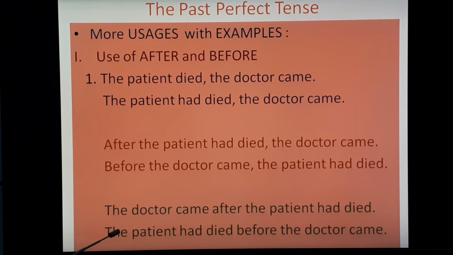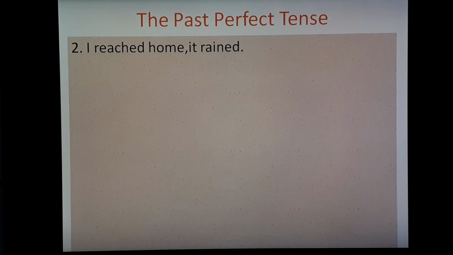Second, where to put before? The patient had died before the doctor came. So after before, you have to use V2 form, that is simple past. And with after, you have to use past perfect tense. Let's see another example.